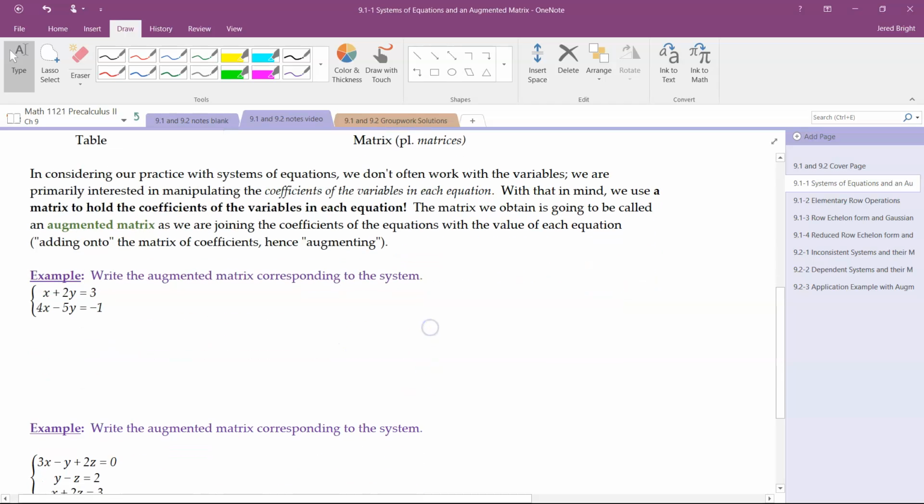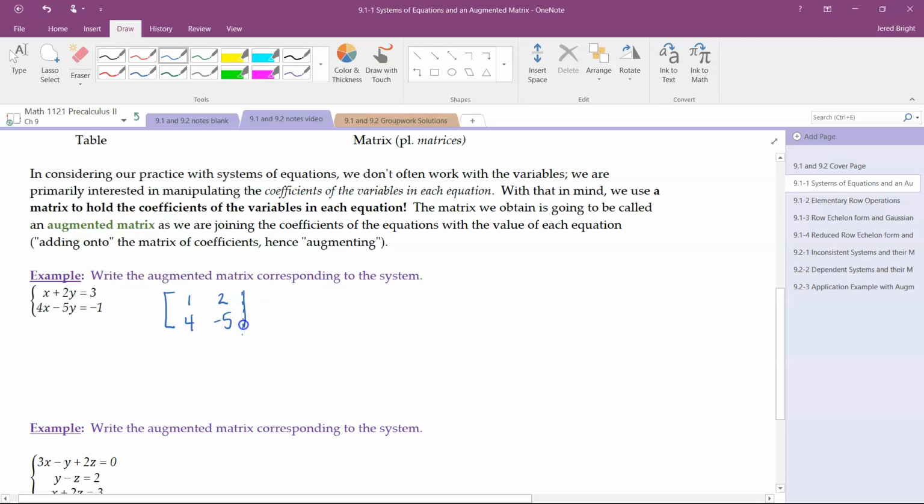So, for example, when we write the augmented matrix for this first system, we can take the coefficients. I'm going to start with a little square bracket. Again, you can use parentheses if you wish, but I'm going to pluck off the coefficients of x and y over here. So it's going to be 1 and 2 for the first equation, and then we have 4 and minus 5 from the second equation. I'm going to draw a little dashed line.